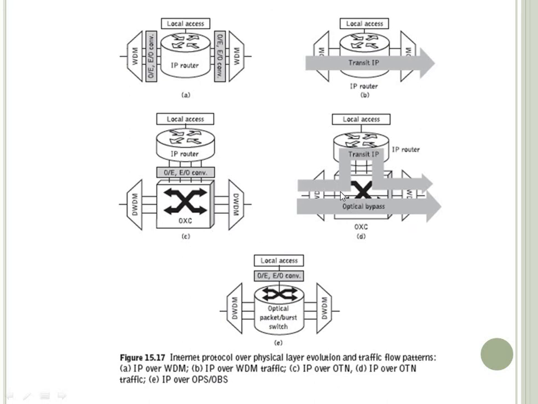In this case, the traffic routing becomes independent of distance, which means that traffic between any node pair can be routed in a logical loop.